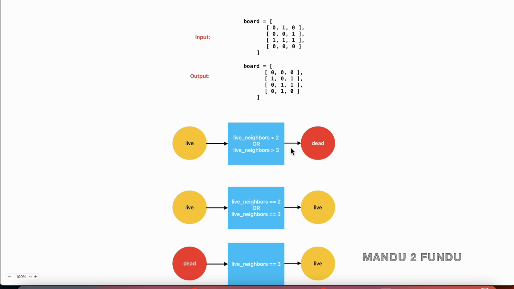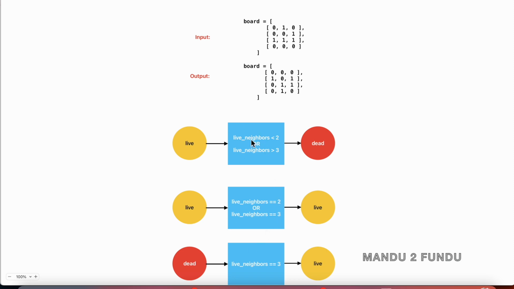If the live cell has exactly 2 or 3 live neighbors, then it will continue to be alive. And any dead cell with exactly 3 live neighbors will become alive.